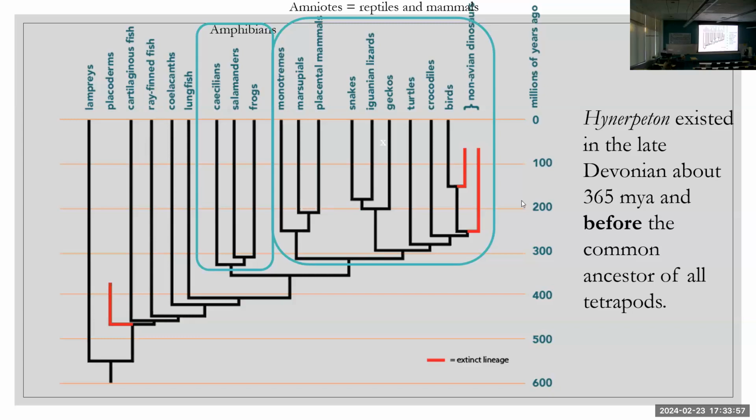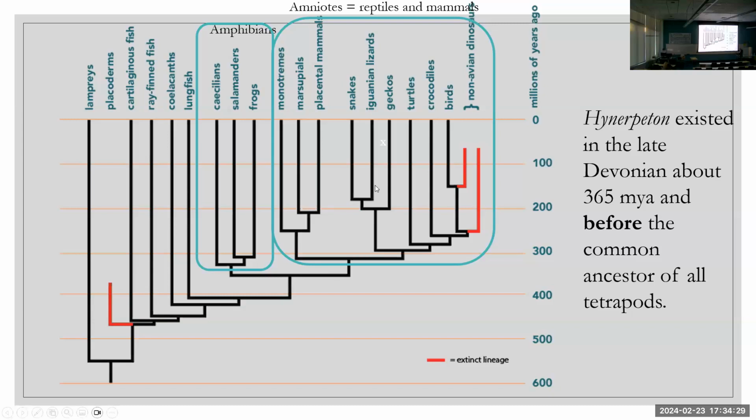Hynerpeton existed in the late Devonian. So when did it exist? About 365 million years ago. But you see that the split right here is at about 350. Even with that said, that's kind of close. The consensus is that Hynerpeton existed before the common ancestor split of amphibians and the amniotes.